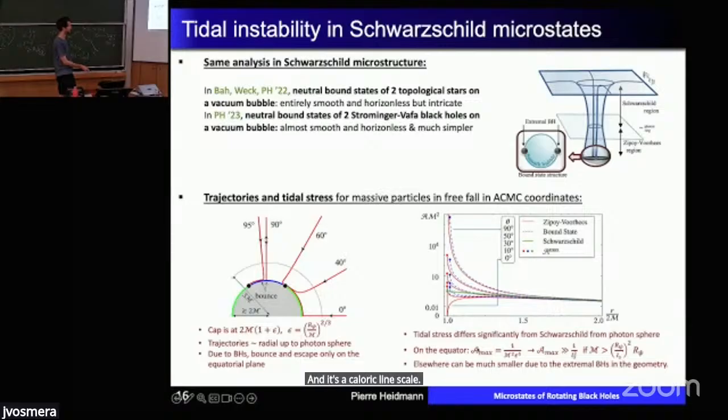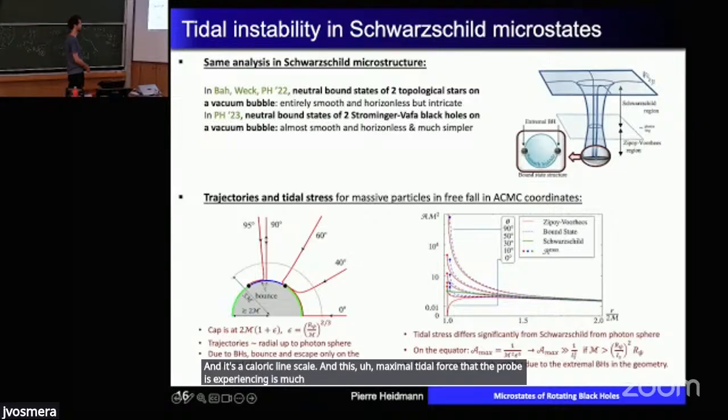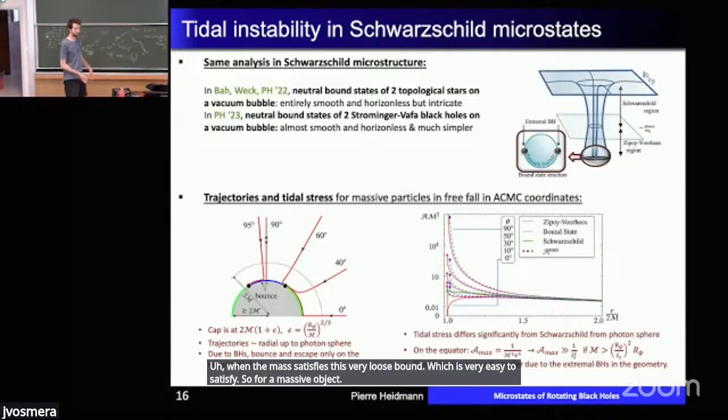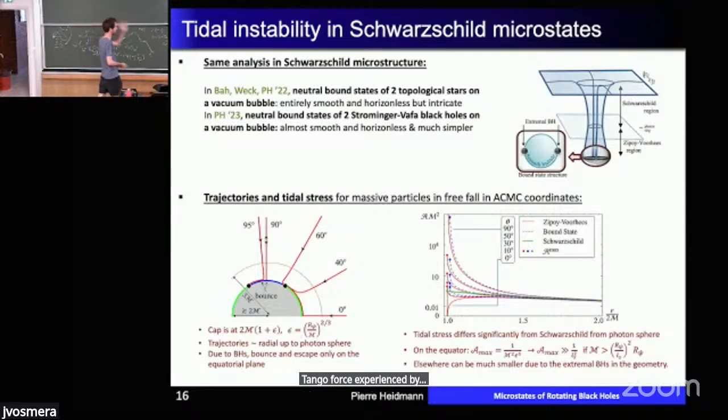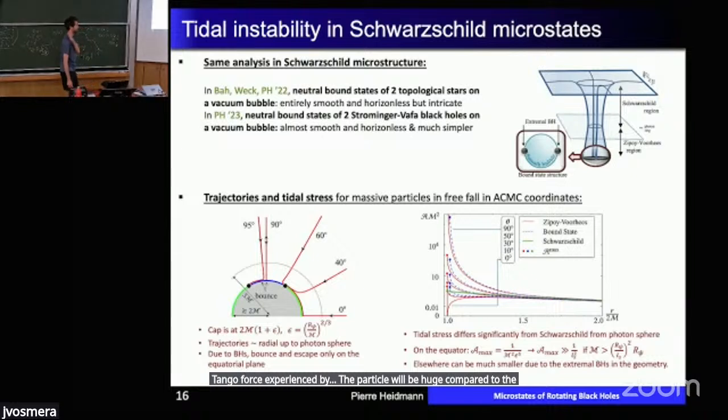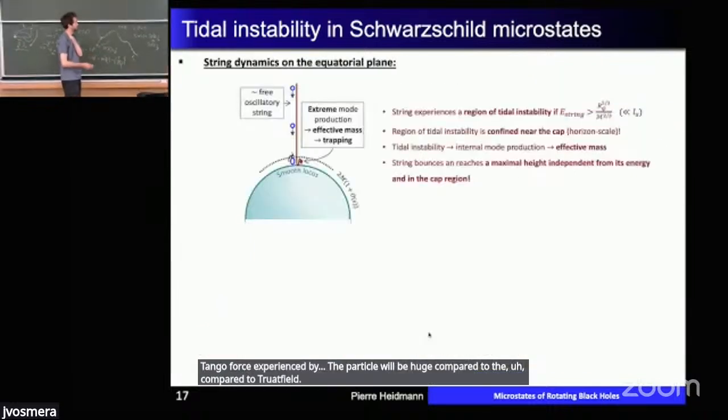And this maximal tidal force that the probe is experiencing is much larger than the string scale when the mass satisfies this very loose bound, which is very easy to satisfy. So for a massive object, the tidal force experienced by the particle will be huge compared to Schwarzschild.